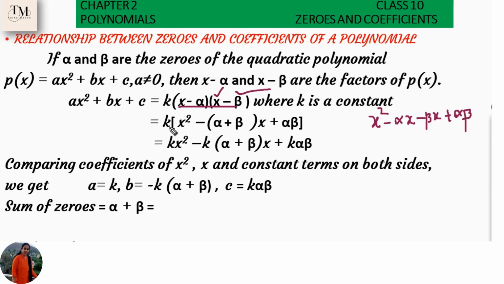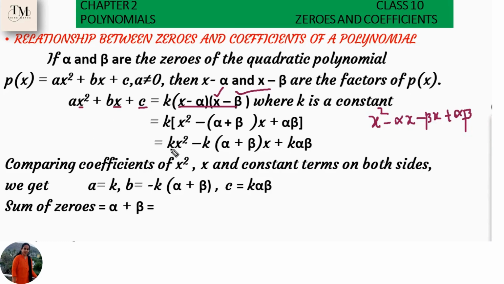Okay. So in the next step, k into x square, this minus is taken outside. There will be alpha plus beta inside. X is written here. So minus alpha plus beta x plus alpha beta. So k is multiplied throughout the equation. Now we are going to compare the coefficient of x square, x and constant term.